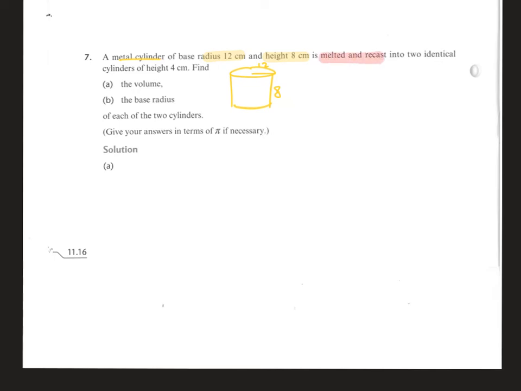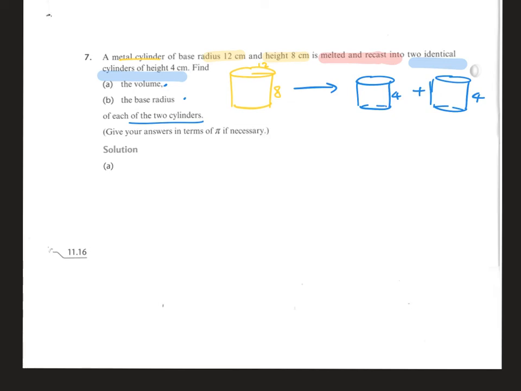You melt it because it's a metal, and you make it into another shape: two identical cylinders of height 4 cm. So you melt it and make two smaller ones, 4 cm height, and another one also 4 cm height. Now you have to find the volume and also the base radius of each of the two cylinders.